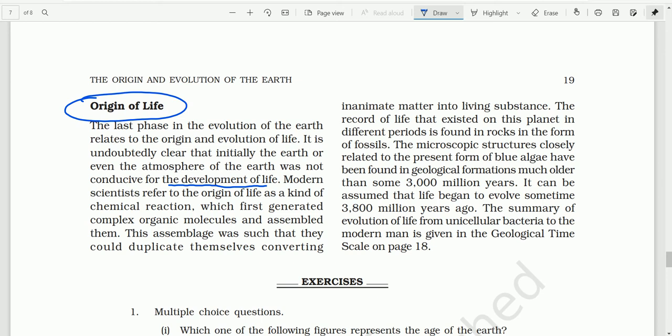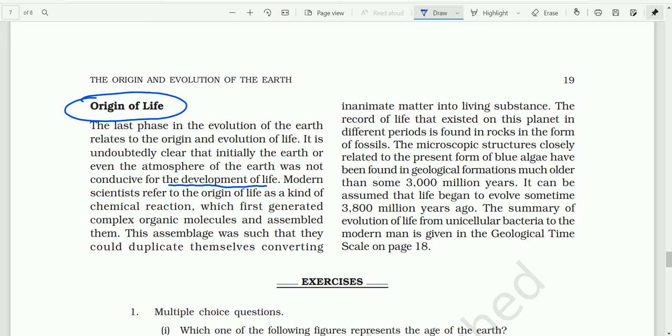But eventually we got carbon dioxide, then oxygen, and other gases like methane and ammonia, which are required for the origin of life.